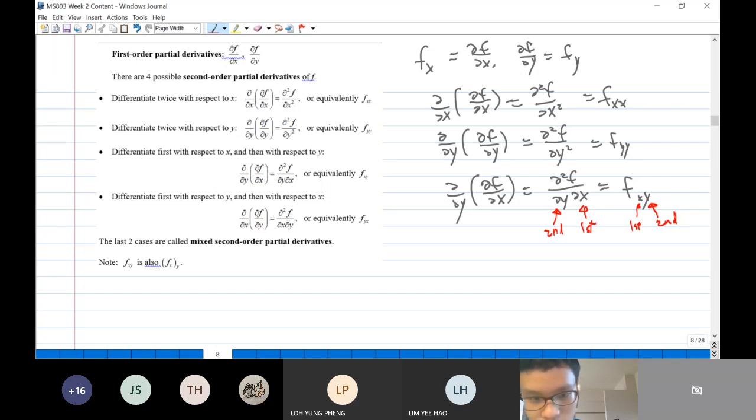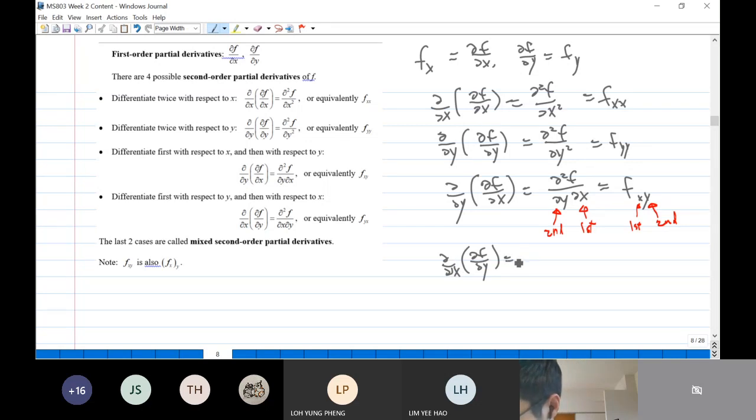Then of course you can do the other one, which is if I differentiate with respect to y first, then x.